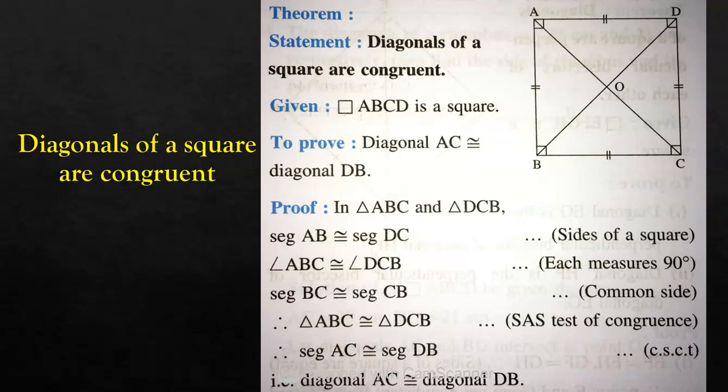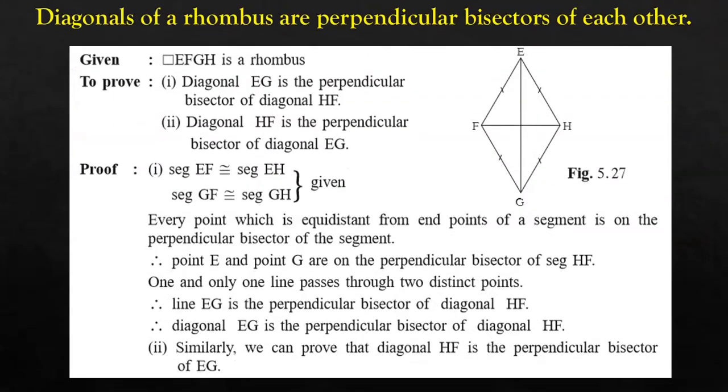Therefore, segment AC is congruent to segment DB, by the reason corresponding sides of congruent triangles. And these segments are nothing but diagonals of the quadrilateral. That is diagonal AC congruent to diagonal BD. Hence proved.